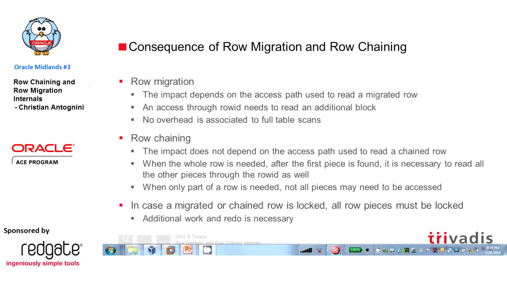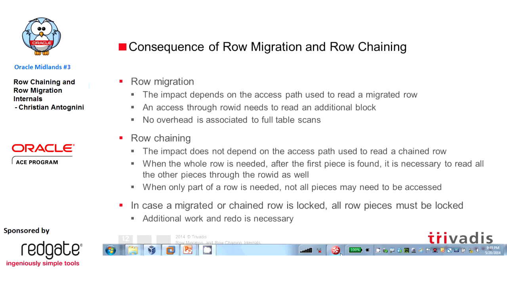Then an overhead which is, let's say, the same in both cases, migration and chaining, is in case you have to lock one row. In fact, as we have seen, there is the byte containing the flag, and the lock byte is available in every piece. So when you lock a row, Oracle has to put a lock in every block where this row is placed.